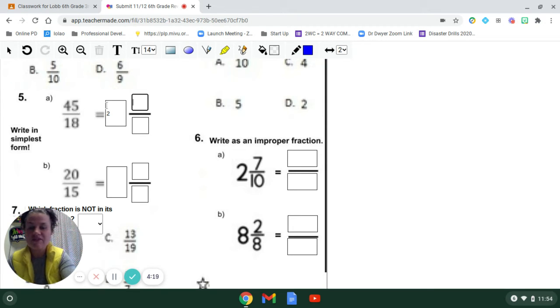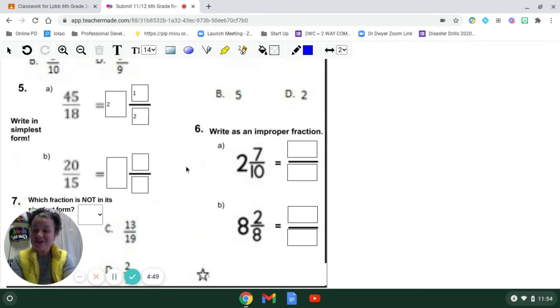And then I would be left with 9. And then I would keep the denominator the same, but wait. Be careful on these. I notice that I could divide them both by at least 3. Ooh, I could divide them both by 9. So 9 divided by 9 would be 1, and 18 divided by 9 would be 2. So make sure you are putting these in the simplest form, okay?